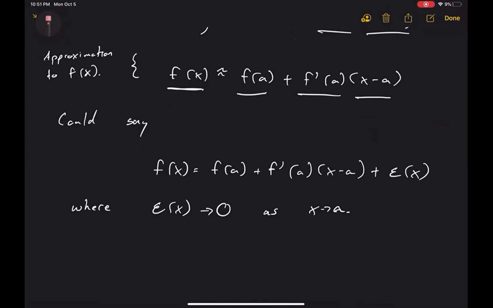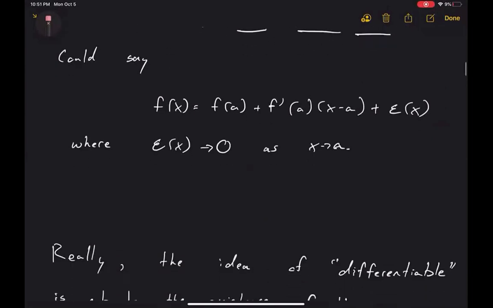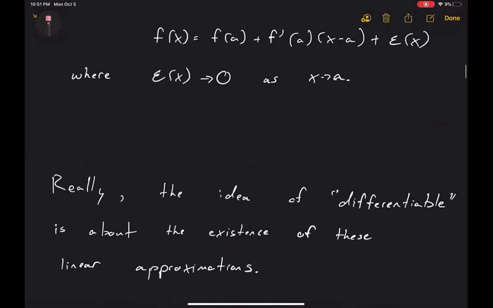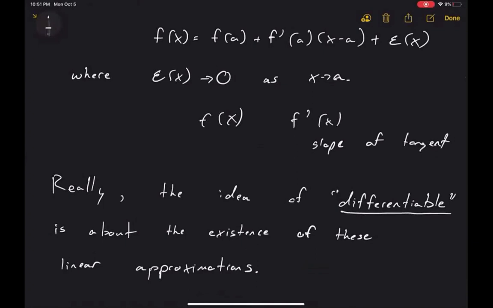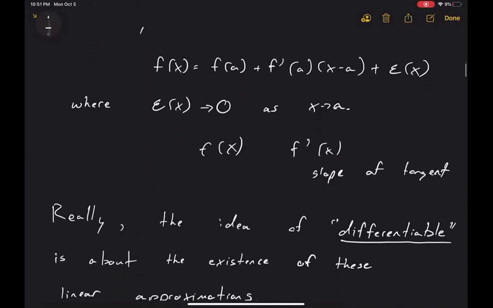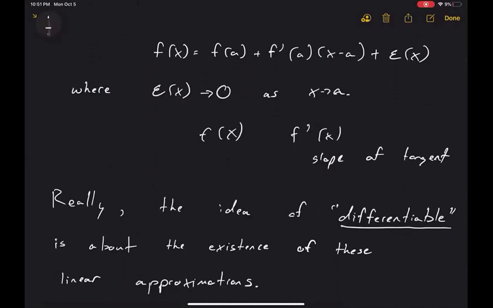this is really what the derivative is all about. If we take the derivative of some function, if we start with f of x, f prime of x is the slope of the tangent line, but built into this idea of a differentiable function is this idea that we can make a linear approximation to our function, and that involves the derivative for sure.